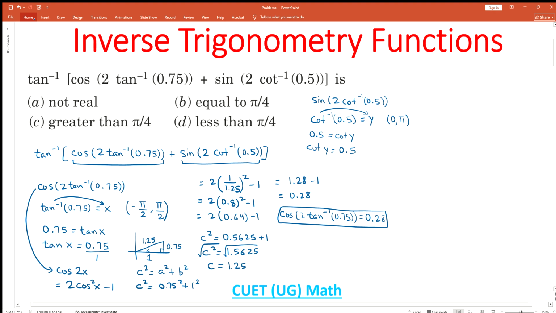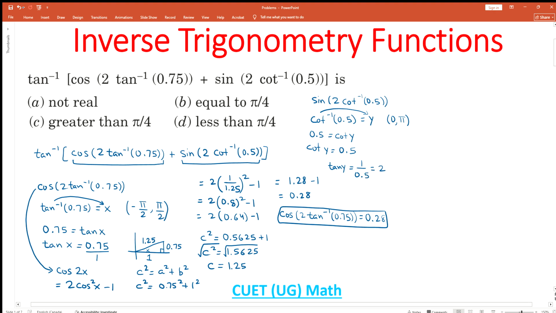As you may know, as per the CAST rule or the ASTC rule, cotangent is positive in quadrant 1 but not in quadrant 2. That means angle y lies in quadrant 1. Since cotangent y is equal to 0.5, tan y is equal to 1 divided by 0.5, which is equal to 2.